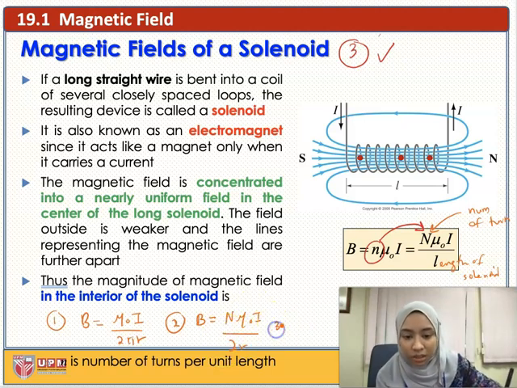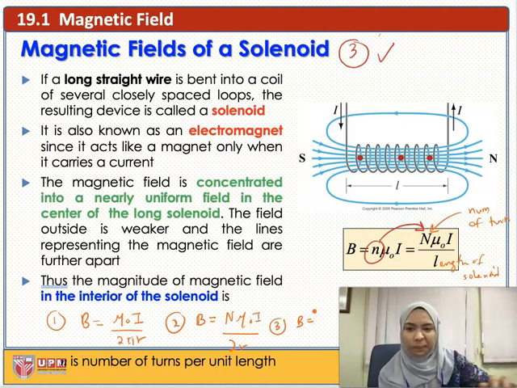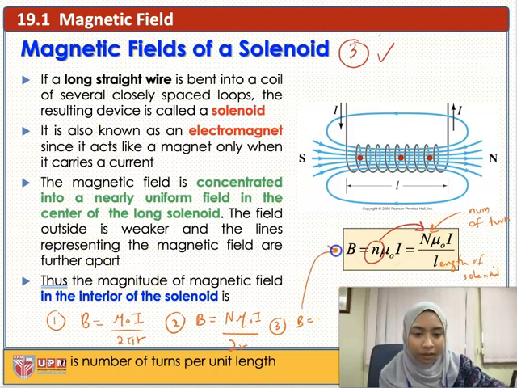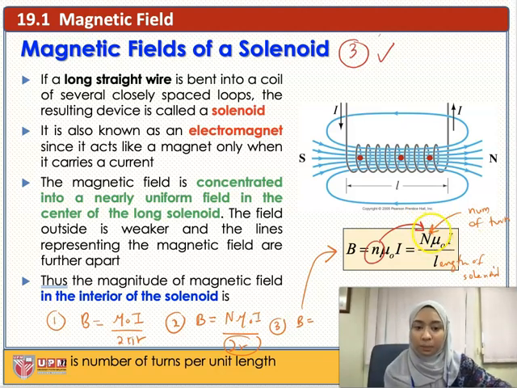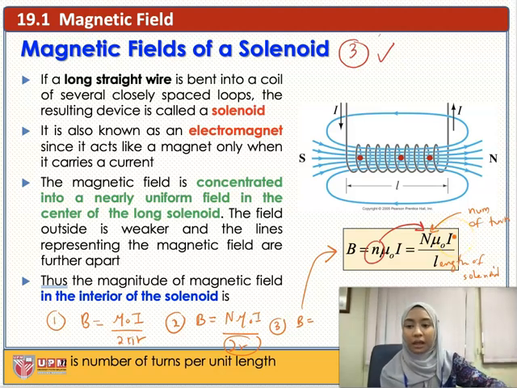So this is structure number 3, where B is equal to capital N mu naught I over L. Basically this 2r now becomes L. I wouldn't suggest memorizing the small n mu naught I, because you might forget the length. So just remember capital N, mu naught I over L.